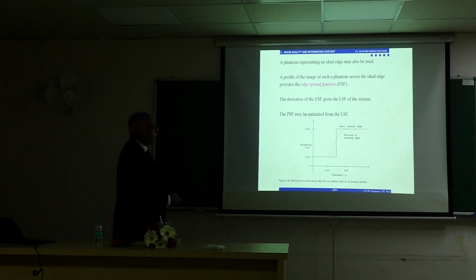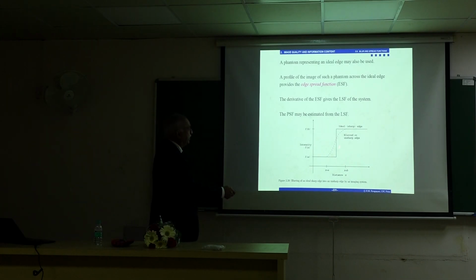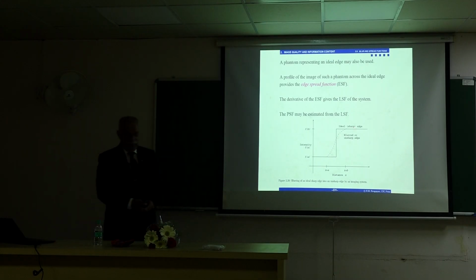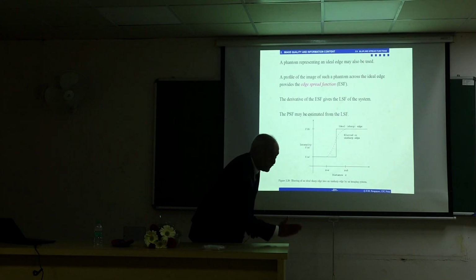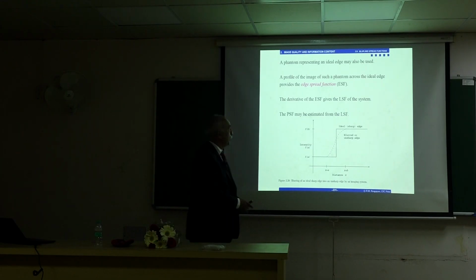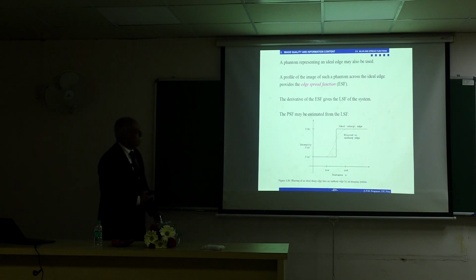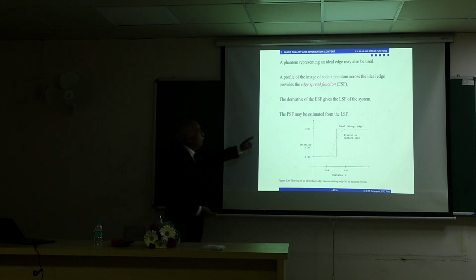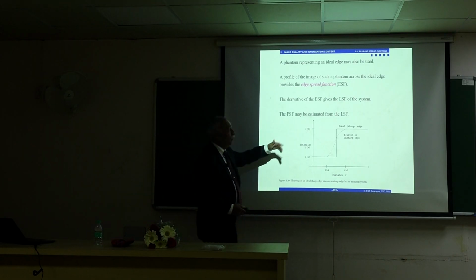So if you get an edge spread function, my ideal edge is that, but what I get is this smooth, blurred edge. That is taking a section like this of the edge. So this is now a spread function of the edge. The point spread function may be estimated from the line spread.